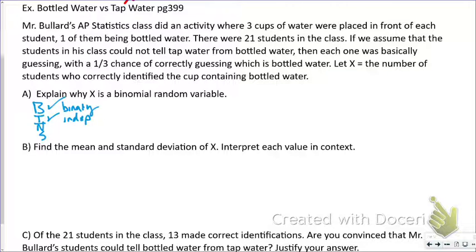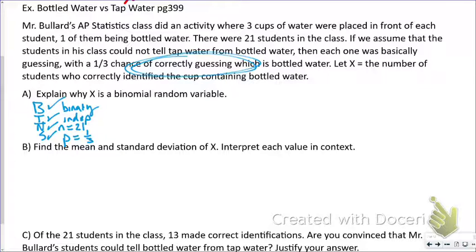So each student's guess is independent. There are 21 students in the room. It's fixed. We're not doing this infinitely. And probability, if they're guessing, is 1/3. And it does say that. So we're assuming they're guessing.